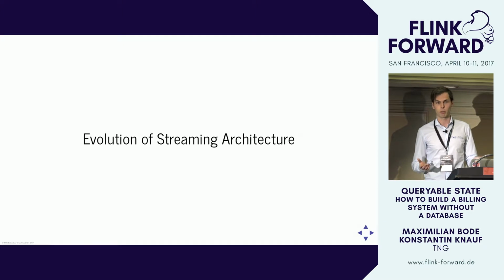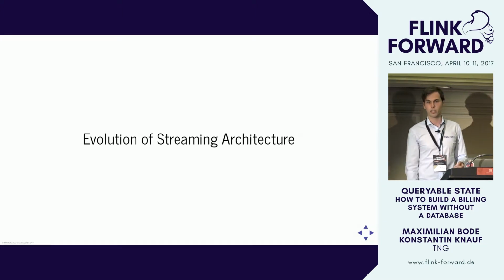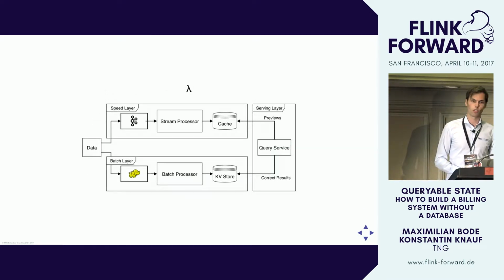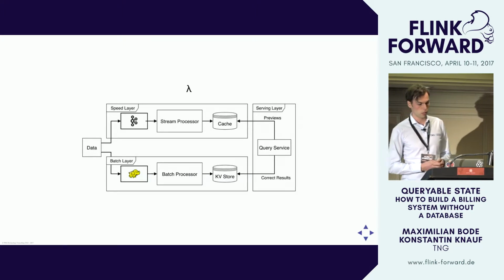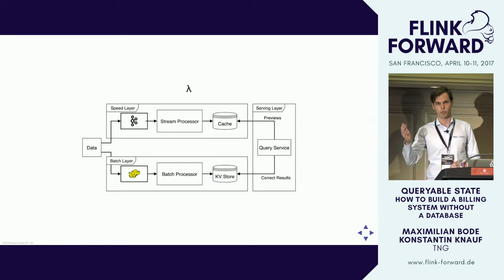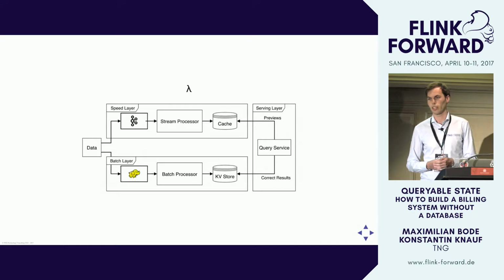So traditionally, when people solve problems like this, they use the dual architecture. I think also in one of the keynotes, you saw a similar picture. So in this Lambda architecture kind of thing, you have a speed layer that really can't be trusted. I mean, it gives you fast previews on the data, but it doesn't guarantee you any kind of correctness.